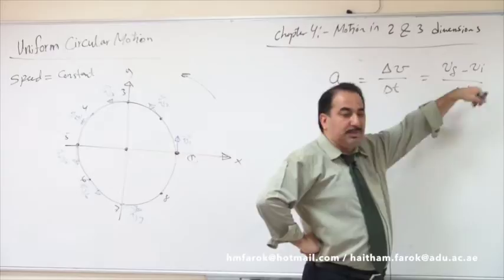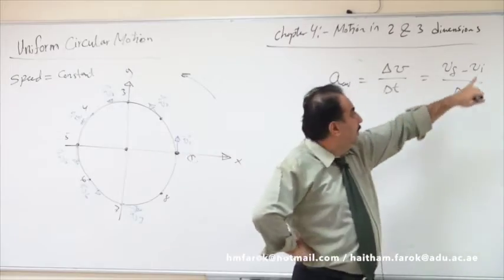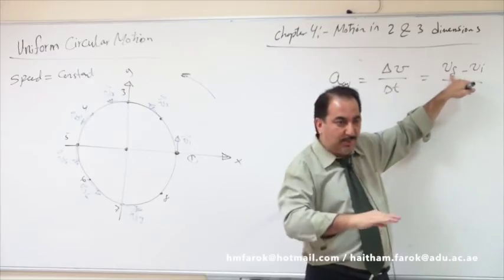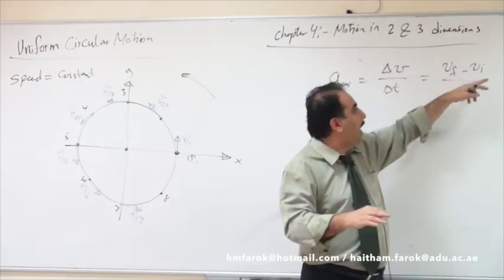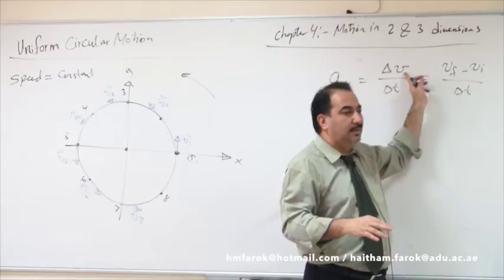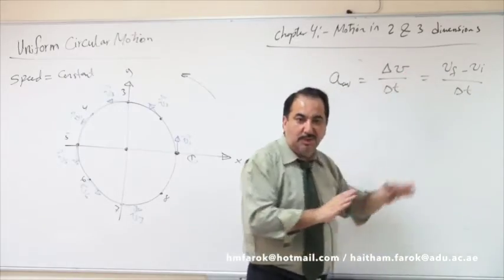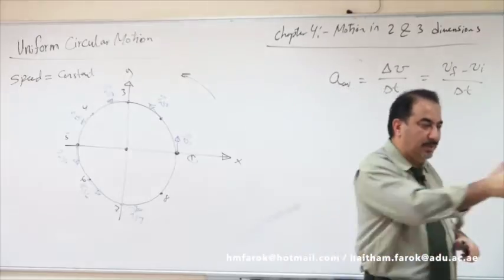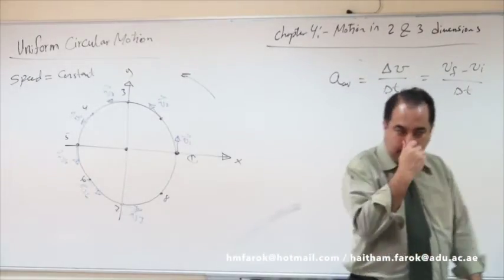And what were the possibilities at that time? The initial velocity either positive or negative, so that at the end when you subtract, delta V is either positive or negative, to the right or to the left. That was when you move in one dimension.